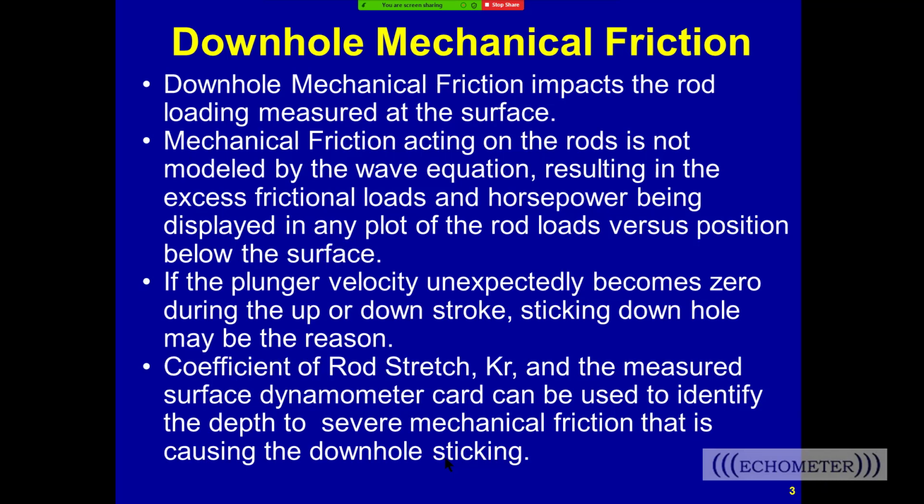The frictional excess forces result in additional horsepower being displayed, which means the dynamometer card gets larger in area, and you have higher peak loads and lower minimum loads. But we're typically assuming that the friction force comes from the rod and tubing sliding along the tubing.